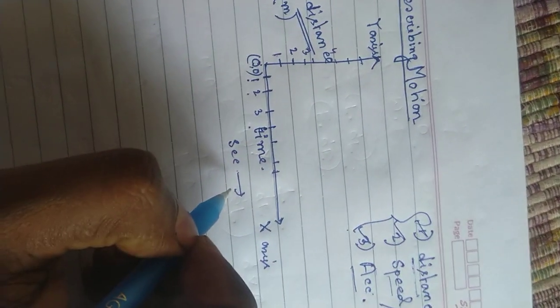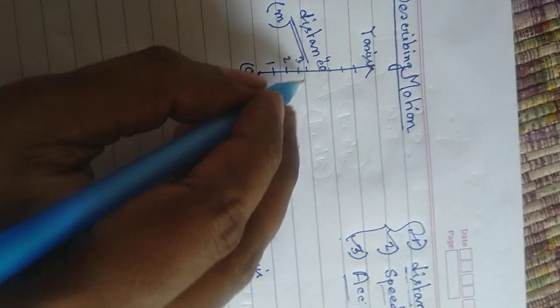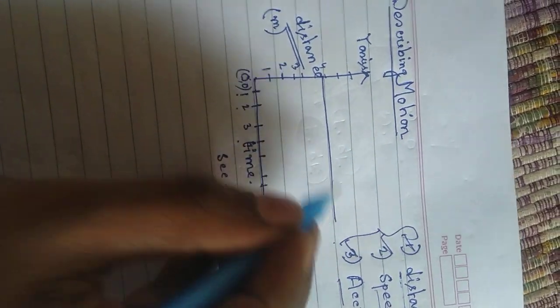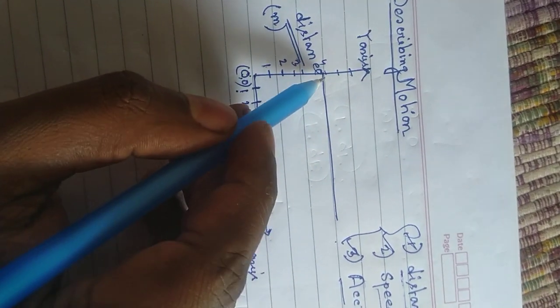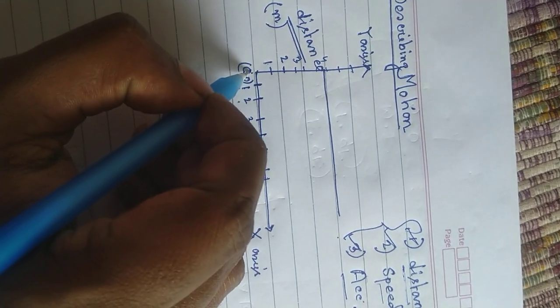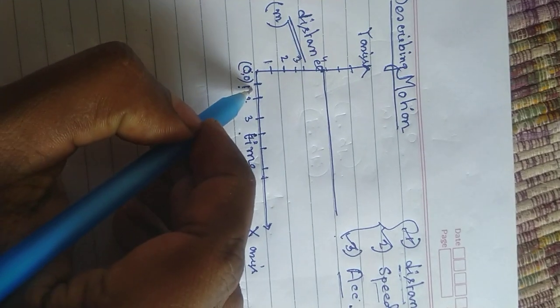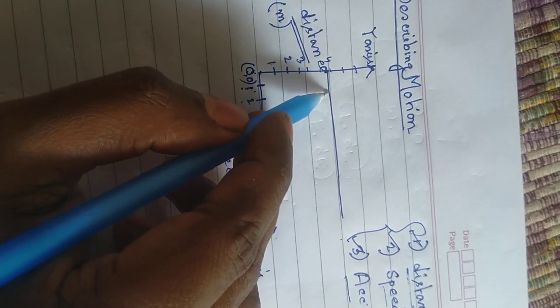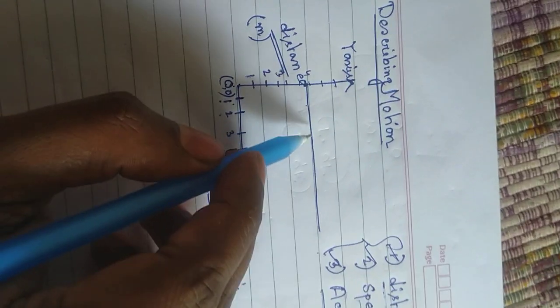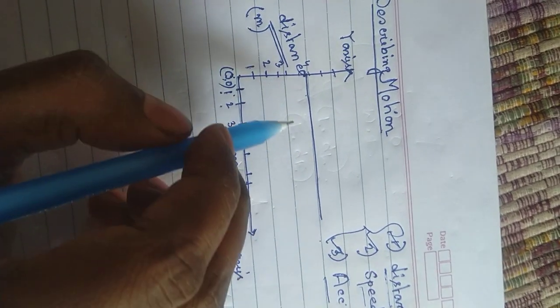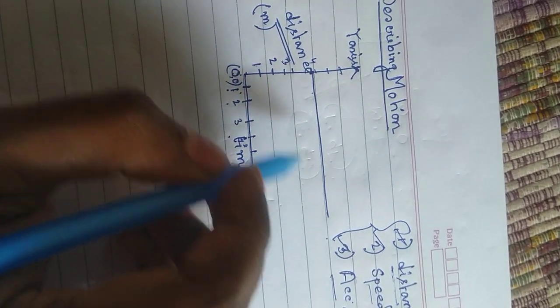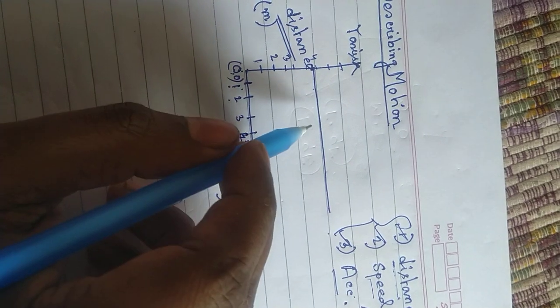Now if we plot a certain kind of graph like that, we can say for 0 time the body is at 4 meter distance. Now for t equal to 1 second, the body is again at 4 meter distance. So the body doesn't change its position irrespective of anything. That means the body is not time dependent.